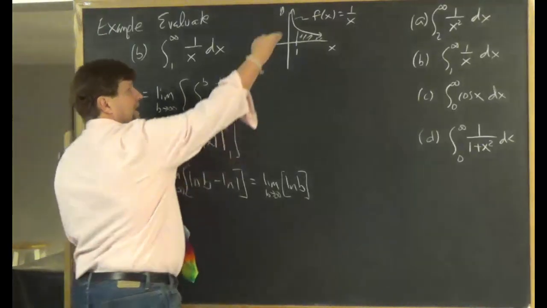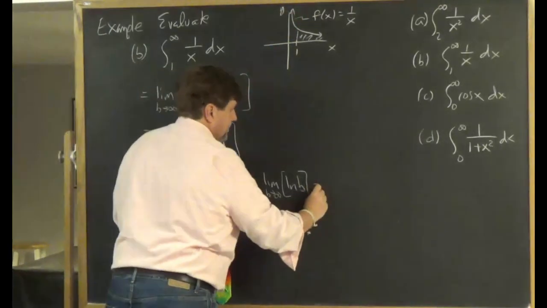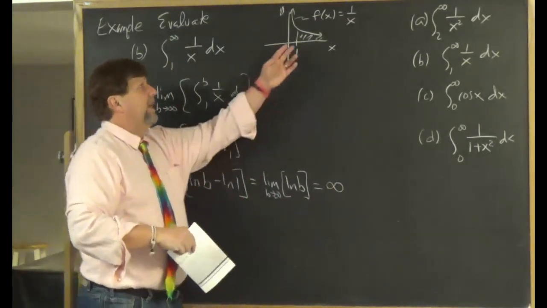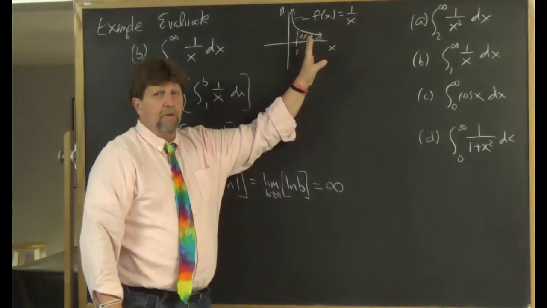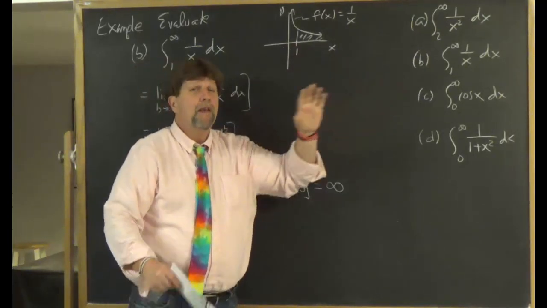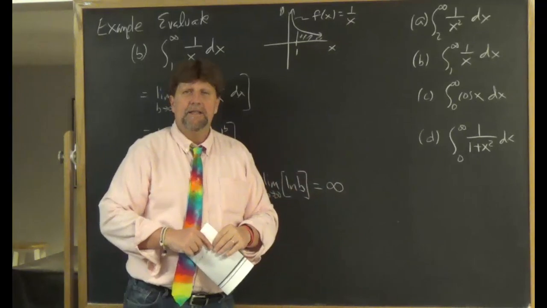It does something like this. So as b goes to infinity, this limit is infinity. That means the area of this unbounded region below the graph of 1 over x, above the x-axis, from 1 to infinity, has an unbounded area. It has an infinite area.